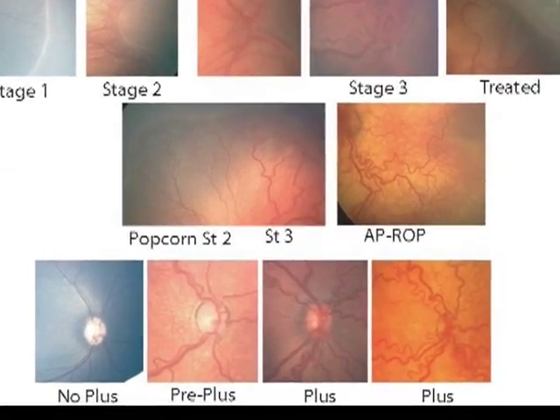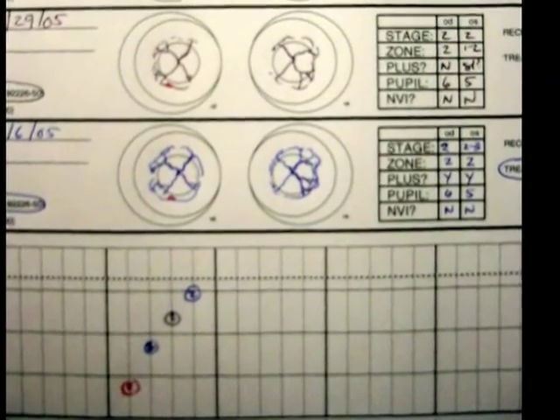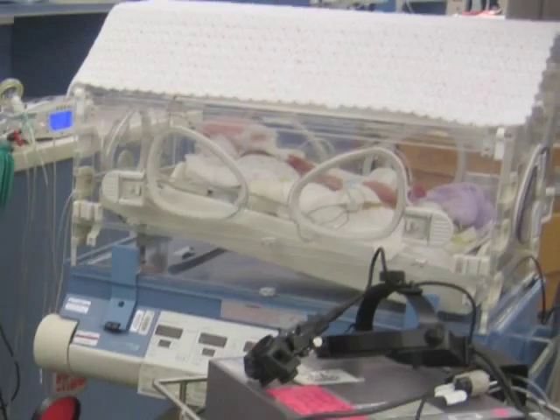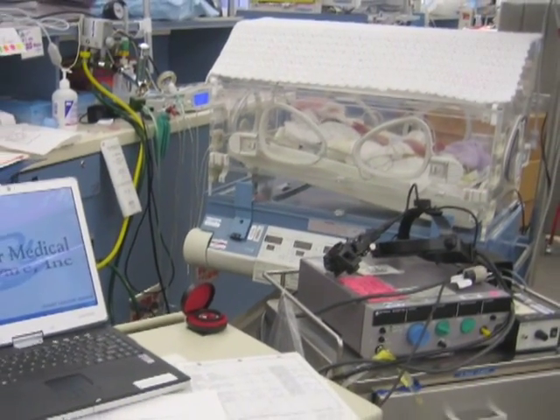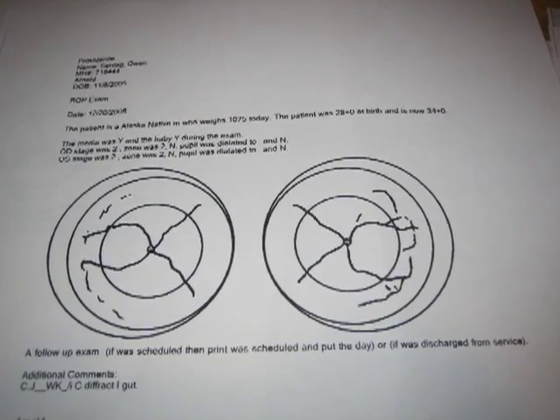Threshold is defined by blood vessel development and tortuosity and can be demonstrated by paper charting or the new ROP-Check software from Glacier Medical Software.